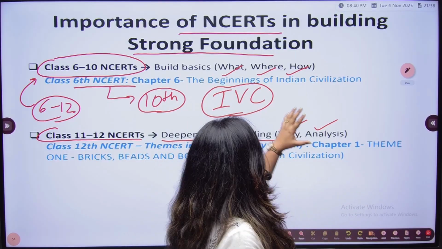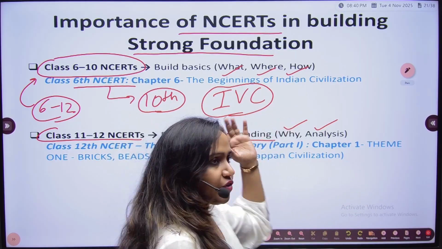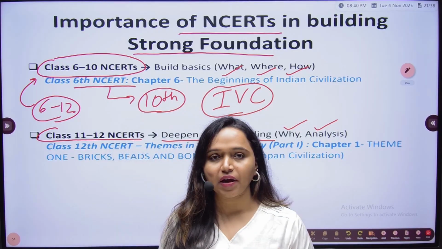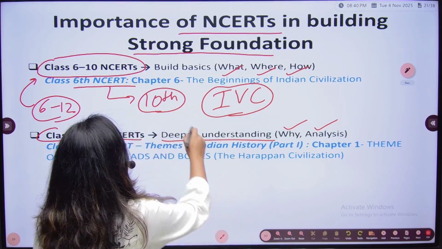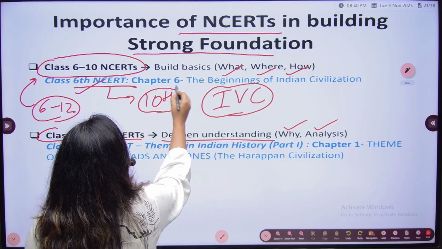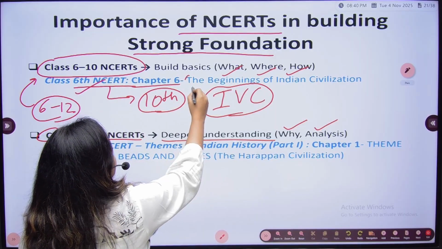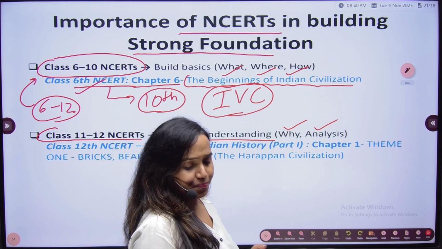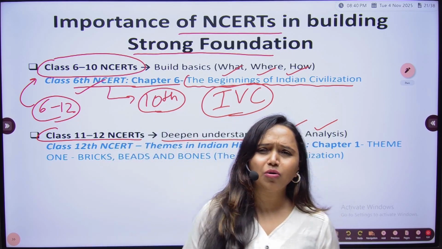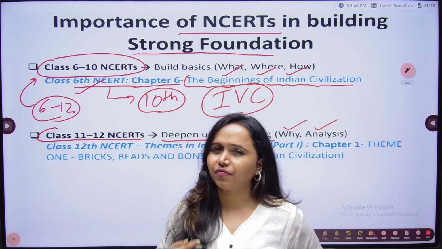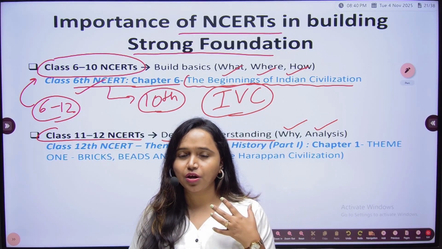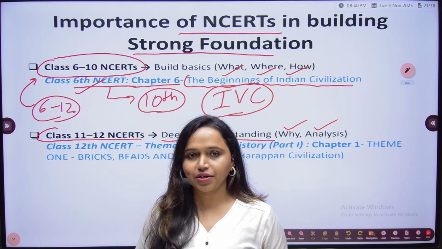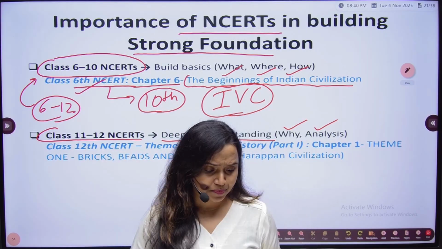This is how we have mapped different subjects, and this is just an example. There is a topic called Indus Valley Civilization, and in class 6 NCERT, in chapter 6, it is the beginnings of Indian civilization, where it is talking about different aspects of civilization. Where was the Indus Valley civilization? What are the important sites? The basics of Indus Valley civilization as a topic in history.